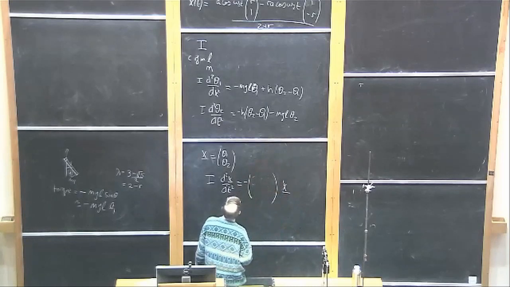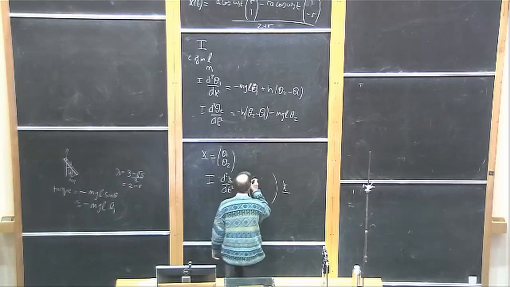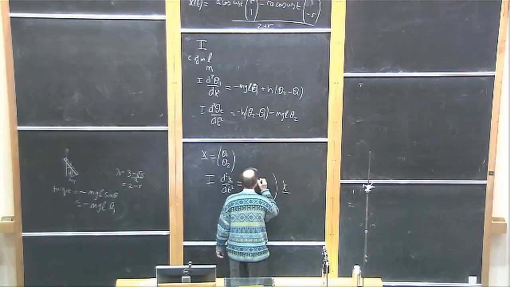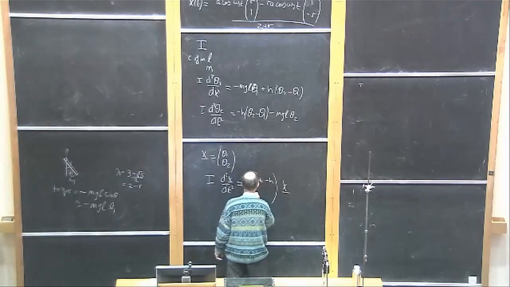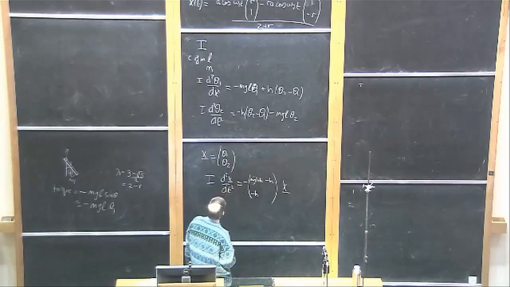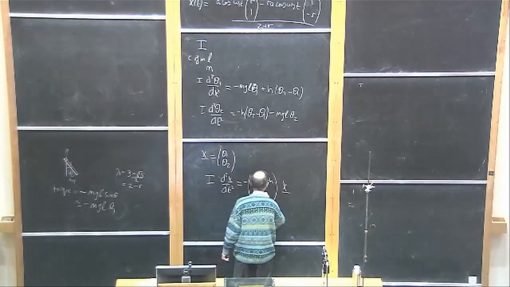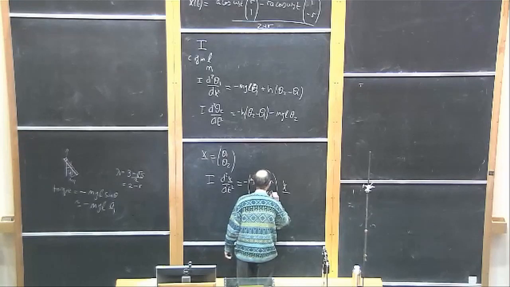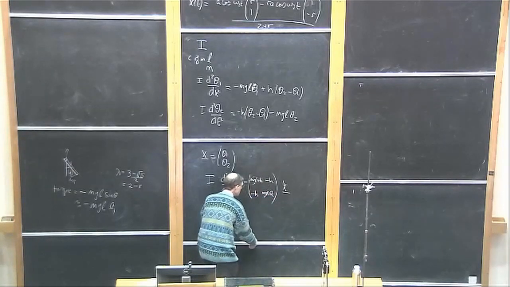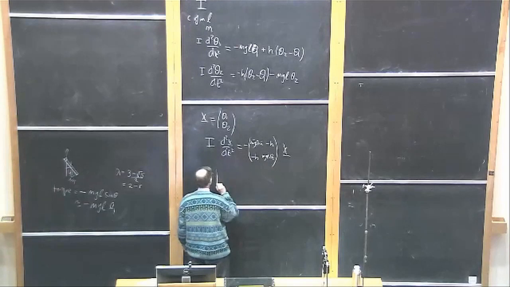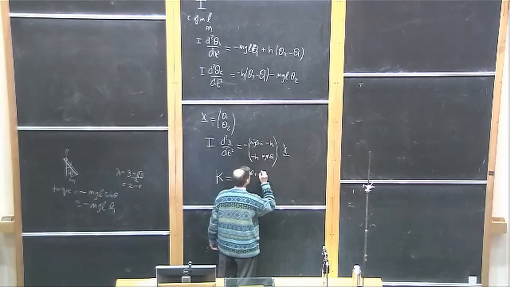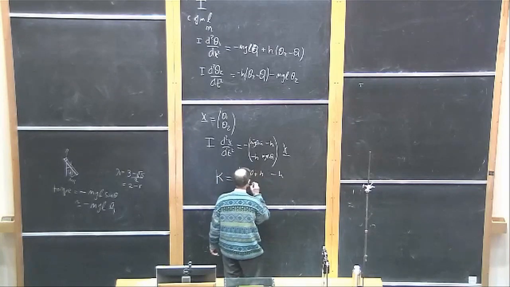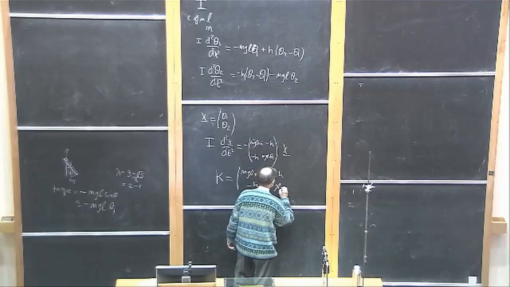So the coefficient of theta 1 is mgl plus h, and the coefficient of theta 2 is minus h, and here it's minus h on theta 1, and it's mgl plus h on theta 2 there. So the K matrix, the stiffness matrix, is mgl plus h, minus h, minus h, mgl plus h.